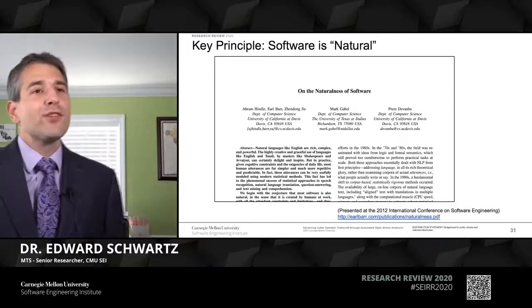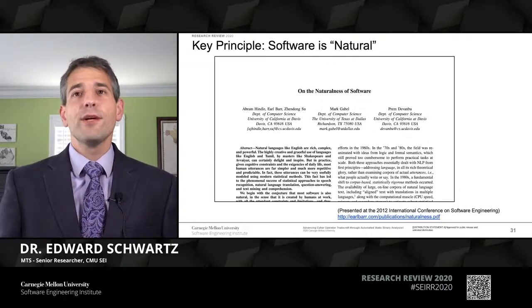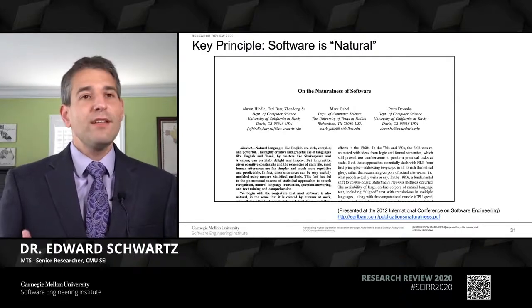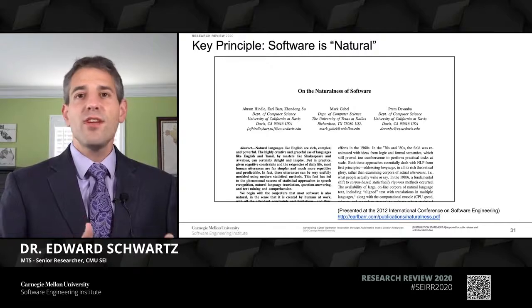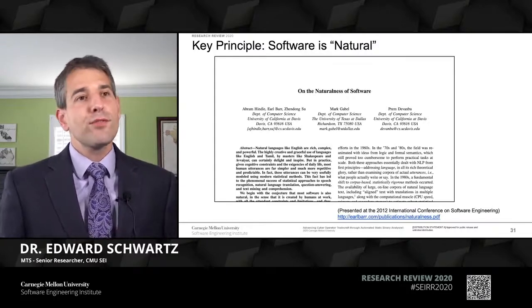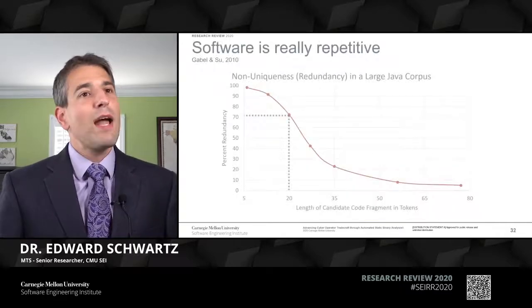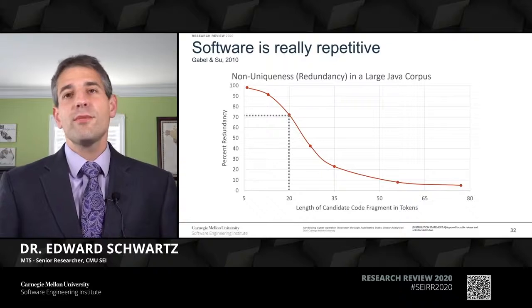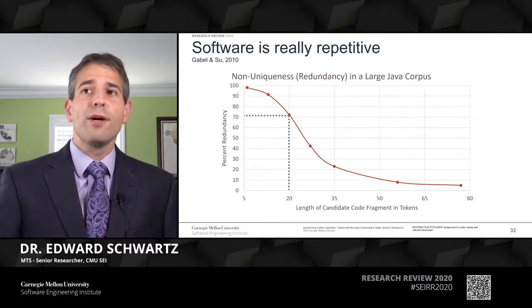A few years ago, researchers proposed a theory that software is actually natural as well. In a similar vein, there are very elegant algorithms, implementations and designs, but there's also a lot of source code that is extremely repetitive. The graph on your screen shows the results from a study of repetition in a Java corpus of software.